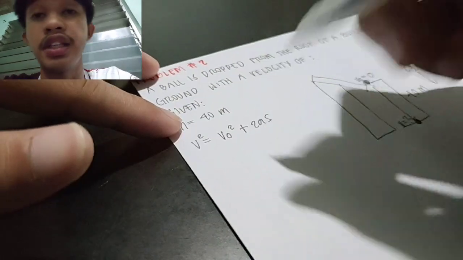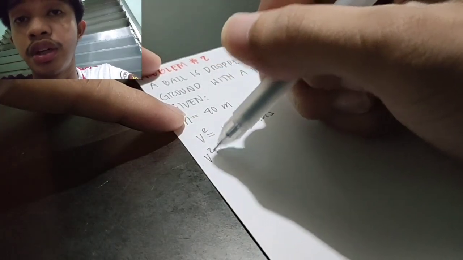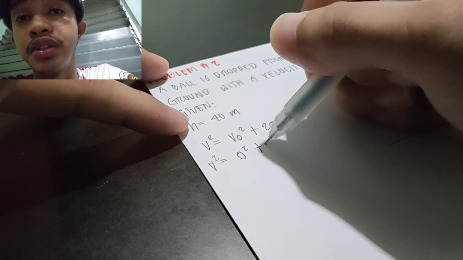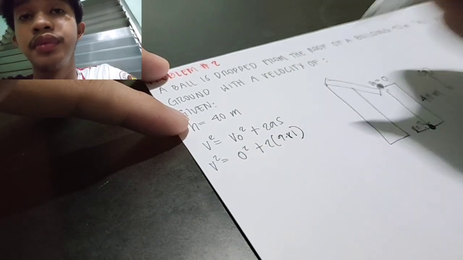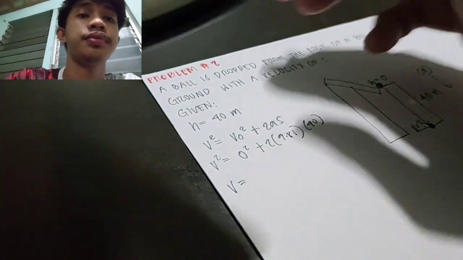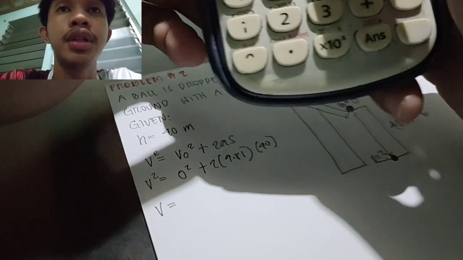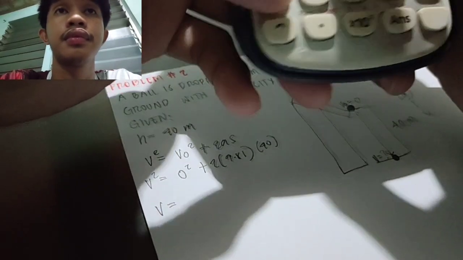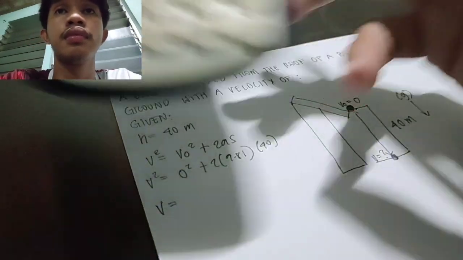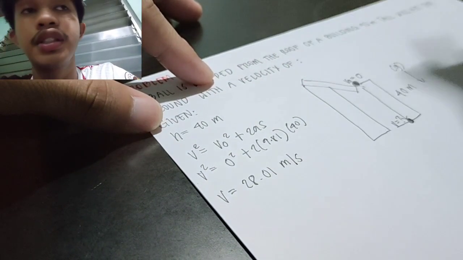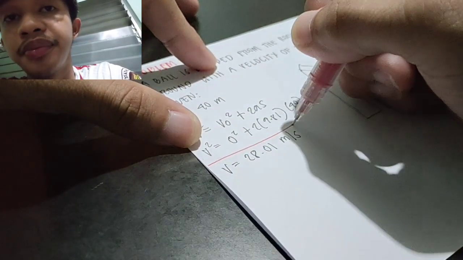So v squared, which is what we are finding, equals 0 squared + 2(9.81)(40). So the velocity is equal to 28.01 meters per second.